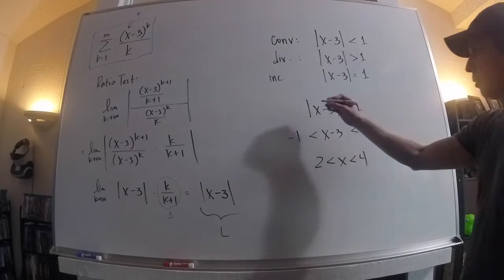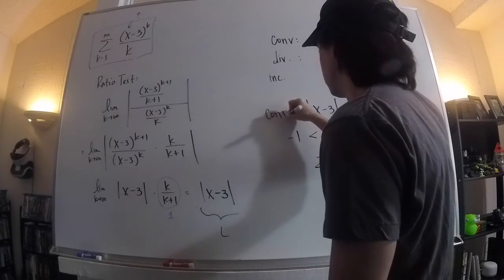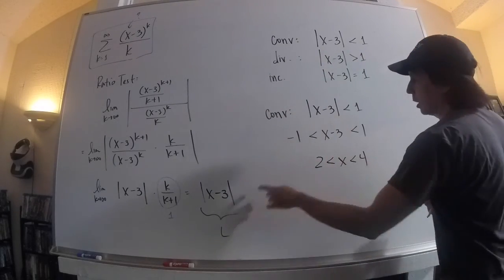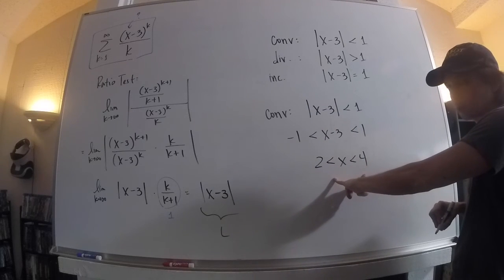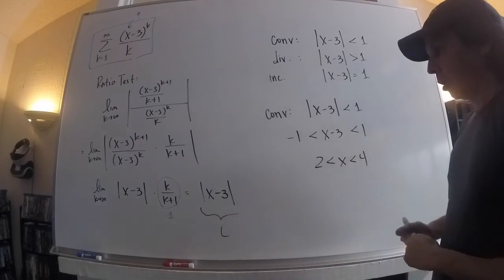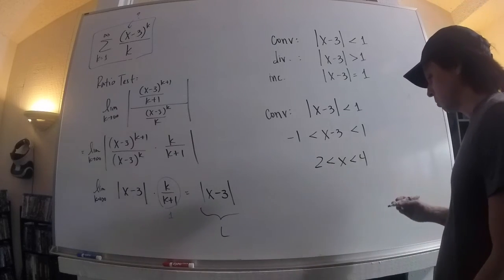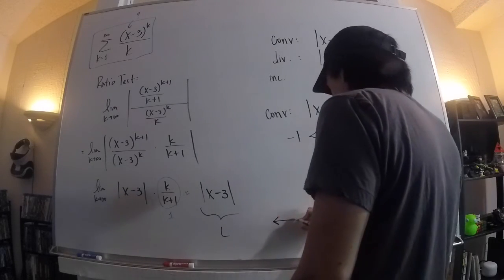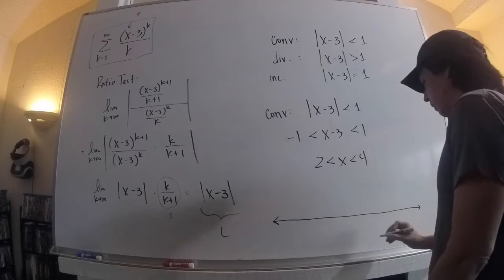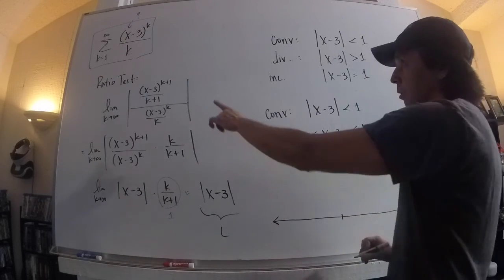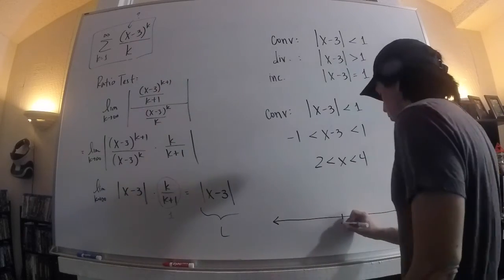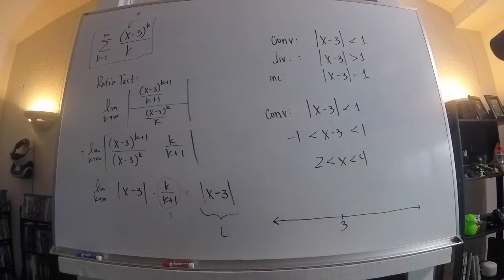This is the converging one. It converges when that limit L is less than 1. I worked it out, and that means it converges for all the x values between 2 and 4. I'm going to erase. Nah, I can fit it here. Graphically, here's my number line, and notice the x minus 3 is relevant because that means 3 is the center of the interval of convergence.